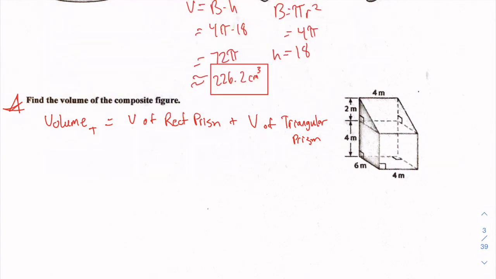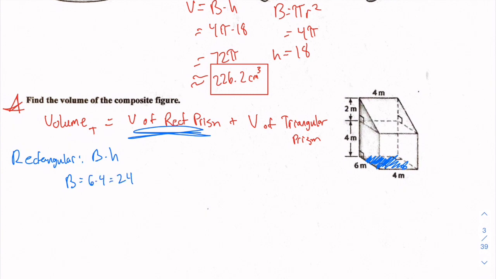I'll color code it. Let's get this bottom one first, this bottom rectangular prism. So let's do that here for the rectangular. Still base area times height. So what's my base? It's a rectangle, so 6 times 4. Boom, 24. Height.